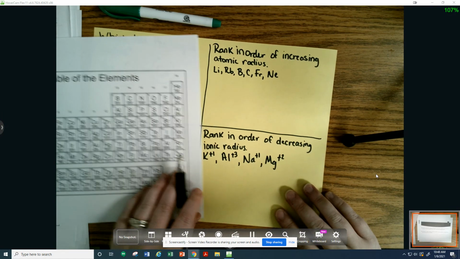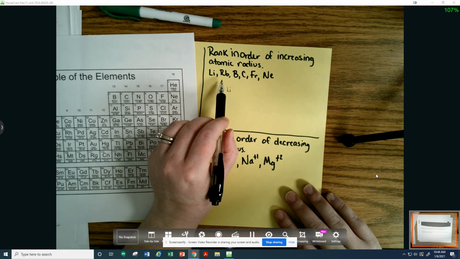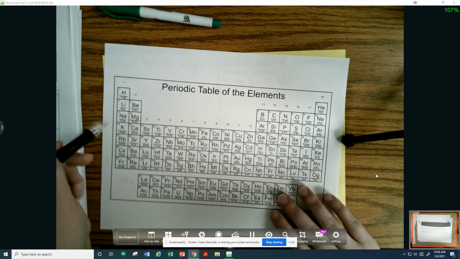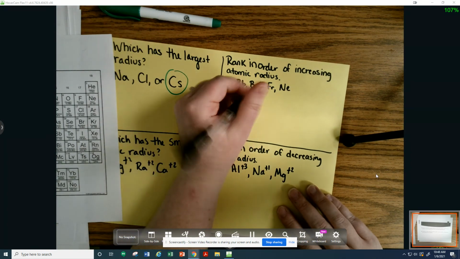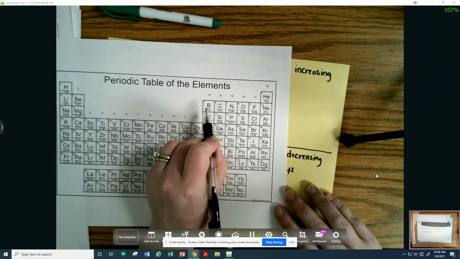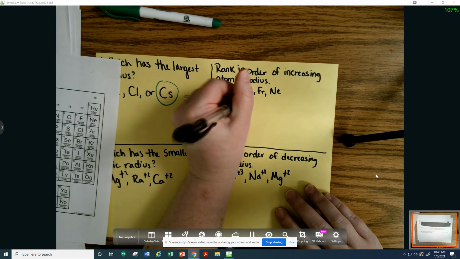So the first element we have is lithium. And so what I'm going to do is place these in relationship to lithium. So rubidium, if you find rubidium, is found beneath lithium. So I'm going to list that below. If you take a look, boron is to the right of lithium. So I'm going to list that here.